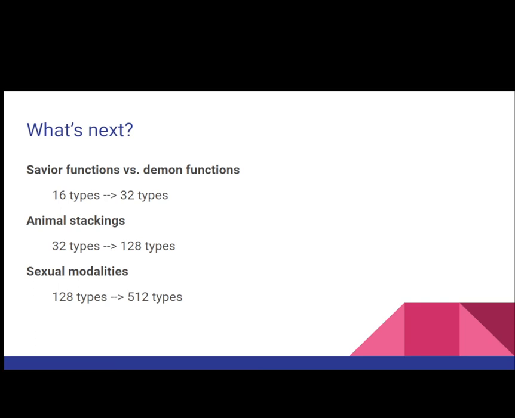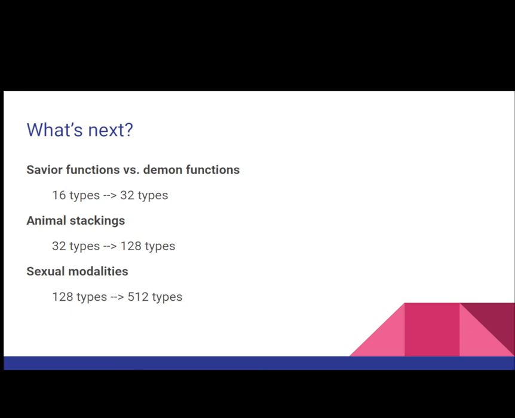And it's not necessarily the top functions that are the most activated. Anecdotally, you might think that, but for some types, it might be the bottom functions that are actually getting more activated, like the first and the third function, or the second and the fourth. So this is going to lead to an animal stacking, which is going to expand the code to 128 types.